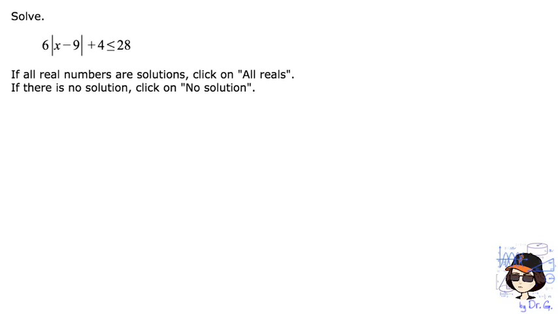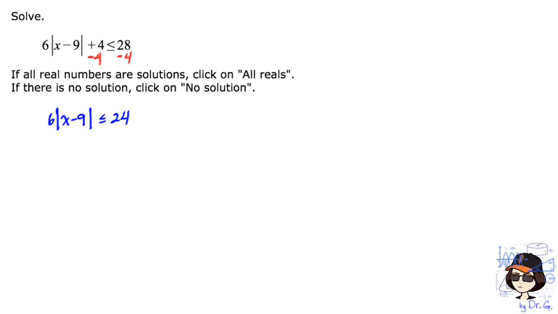So the first thing we want to do is, you always want to isolate the absolute value. Get rid of everything else on the left-hand side so that you just have the absolute value part. So we get rid of that plus 4 by subtracting 4 from both sides. And then we're left with 6 times the absolute value of x minus 9 is less than or equal to 24.